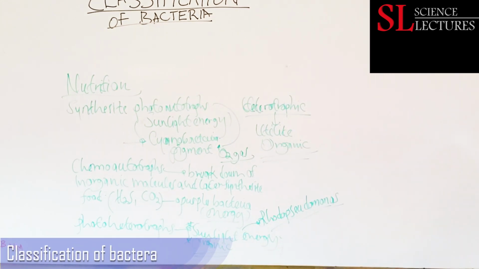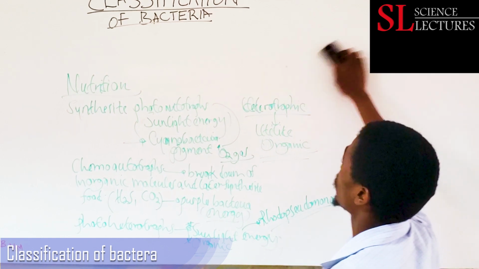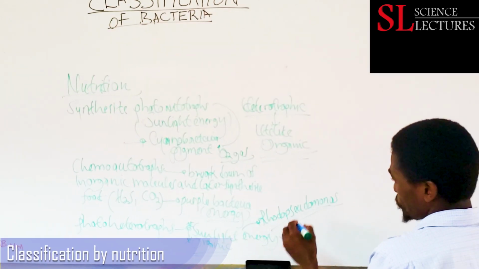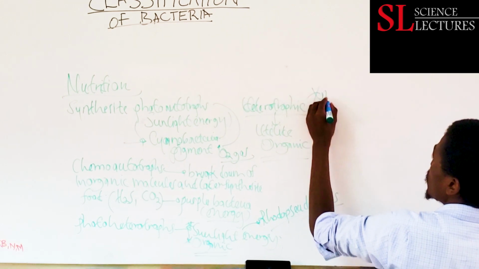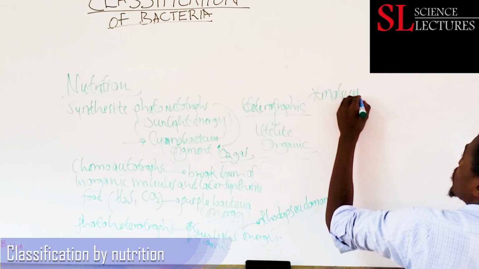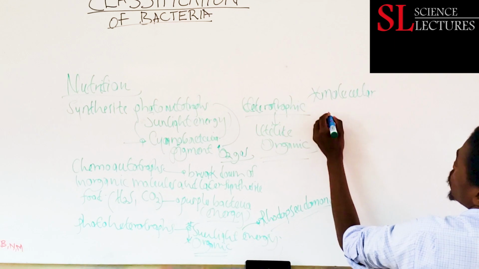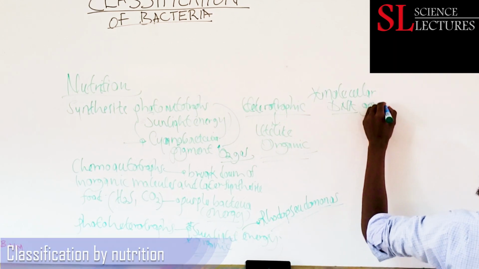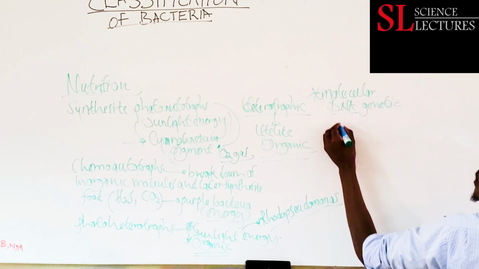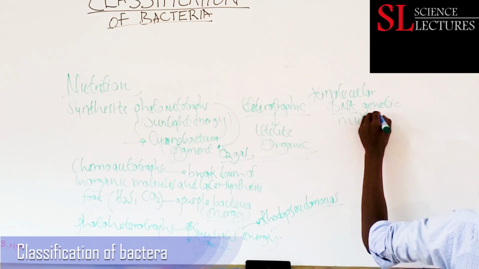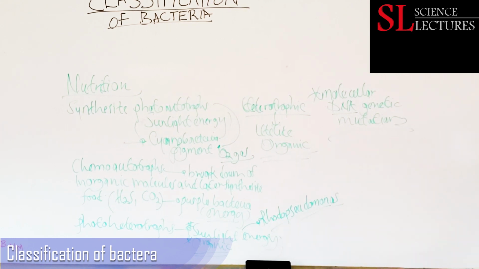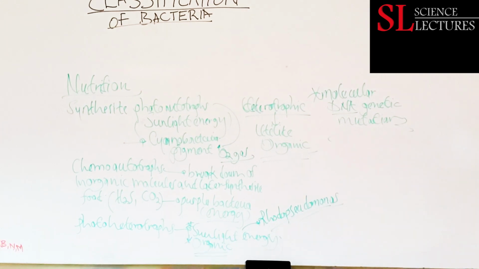So that's how we can also classify bacteria, basing on the nutrition. However, we can also do some molecular testing, basing on DNA, on the genetic composition and its associated mutations, to also classify bacteria. So that one can also be used as a method of classification.